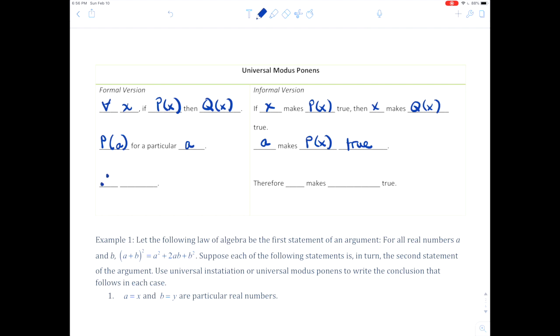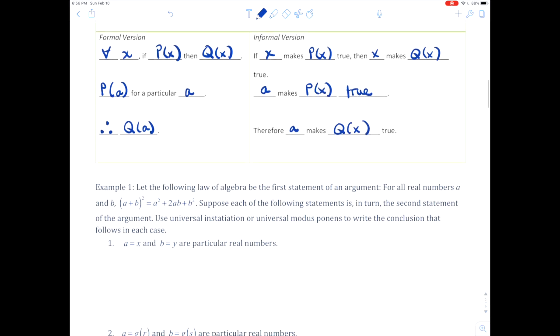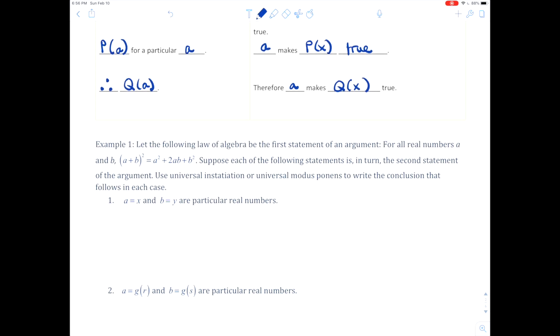Well, therefore, q of a. So if a makes p of x true, therefore a makes q of x true as well. All right, let's look at a couple of examples.